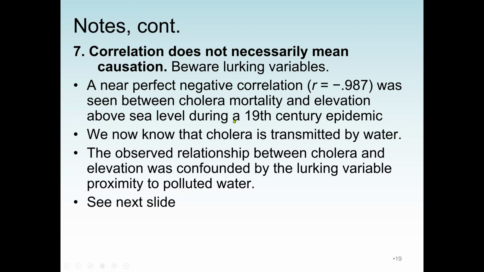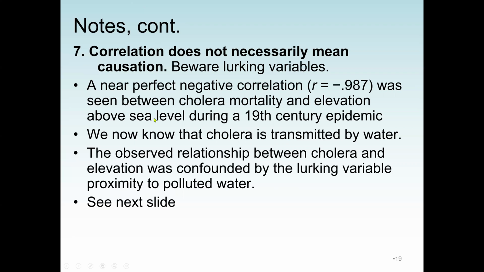So there's an association or correlation between having cholera and living at a high elevation above sea level. There's an association because most people living at an elevation above sea level had cholera mortality, and those who live below don't have it.